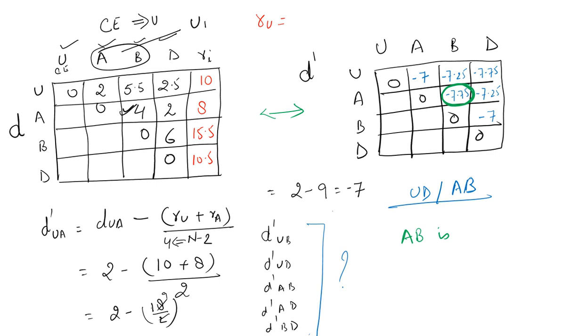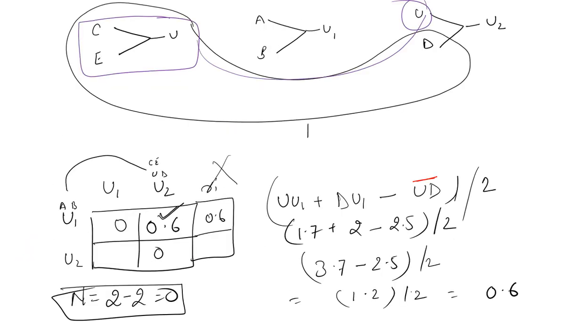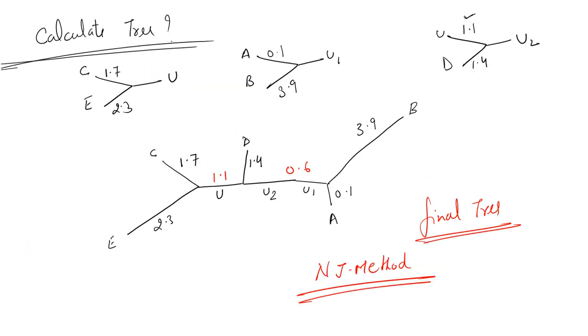Once you calculate the branch length, converge the matrix, making this one a common node. Then again calculate the Ri, the D dash matrix, and the branch length. Once you are done with all the steps, merge them all together and you will get the final tree.